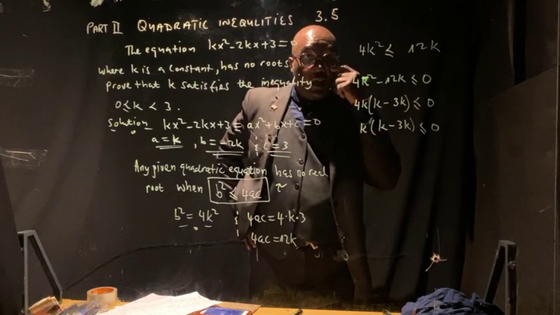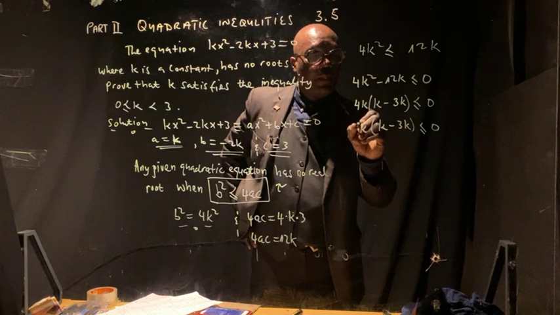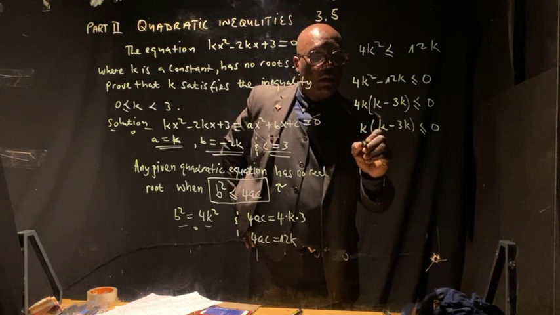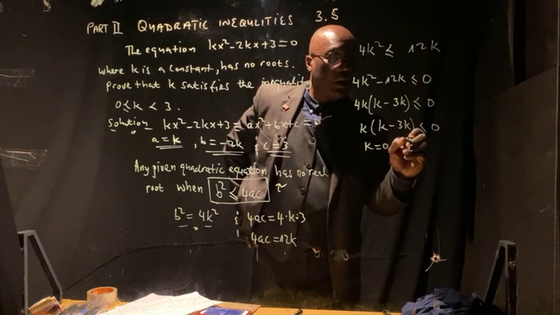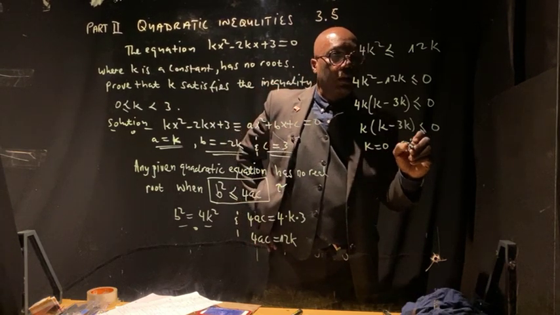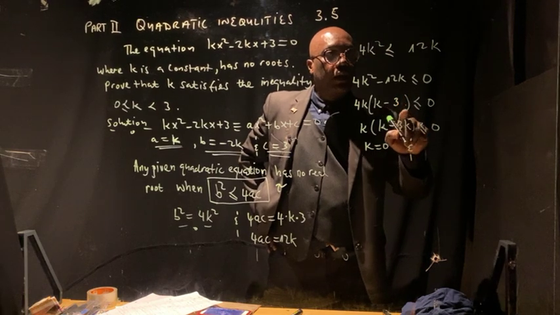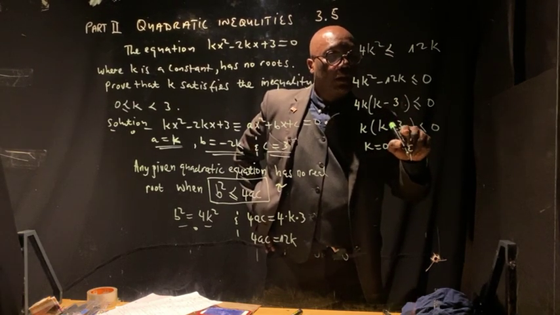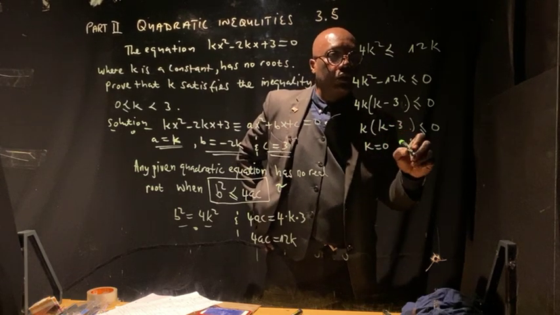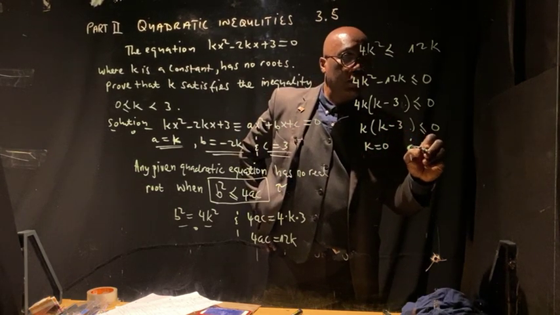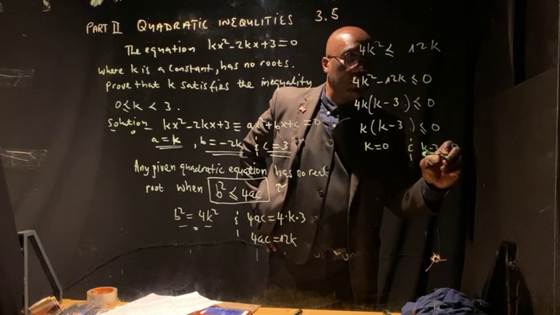In which case, the factors of k at this time will be k equals 0 and k minus 3 equals 0, which indicates that k equals 3.